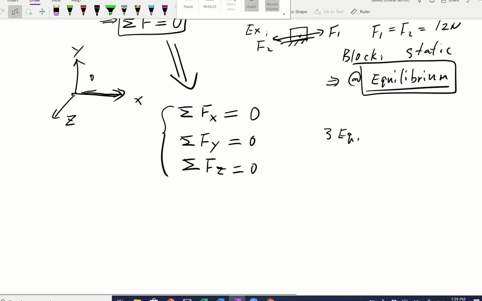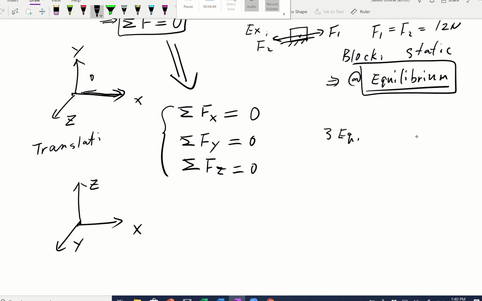Now let's consider also, when we have a movement of an object in 3D, it doesn't have to be translational. What I mean, translational means they are just moving. For example, in space, x direction or y direction or z direction or a combination of them, like moving in the xy direction, going to the right and also going to the top, right? But here we're talking about another type of movement.